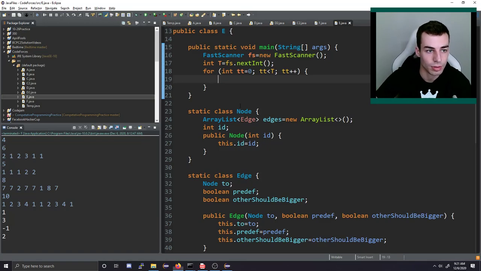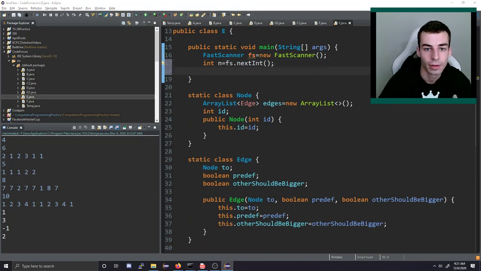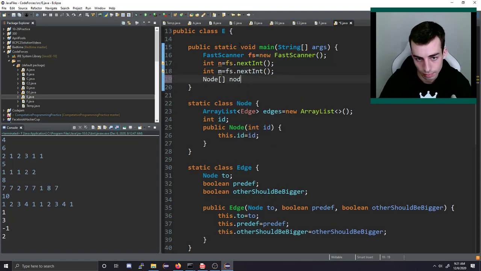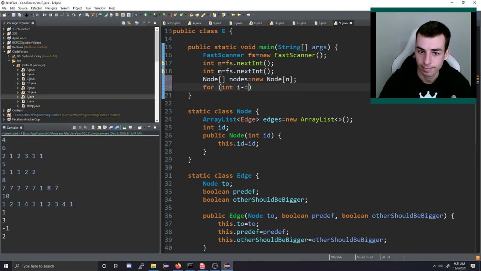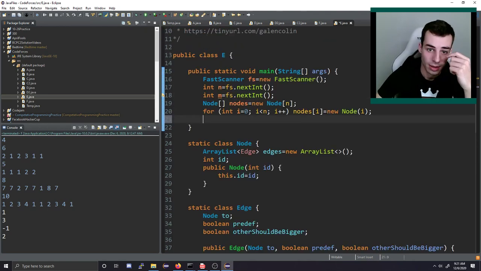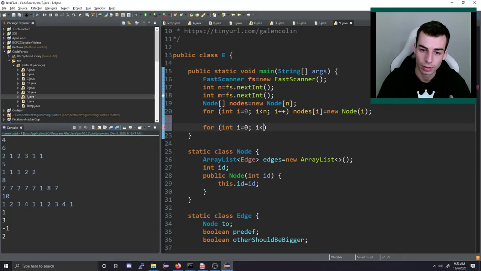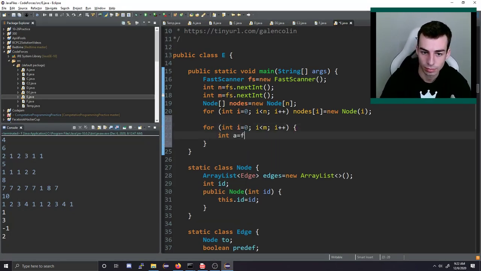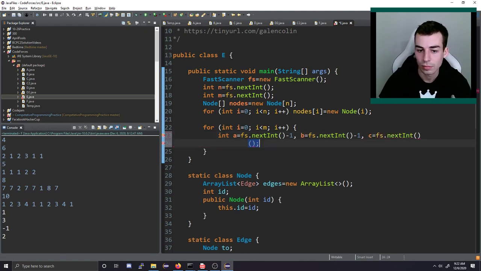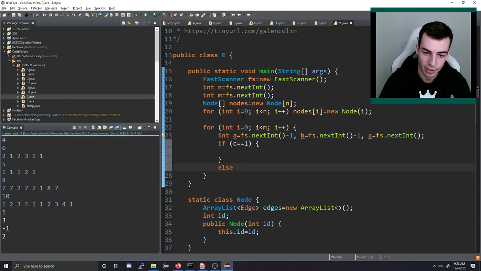Okay, is this multi-test case? No, it's not. Right, and then okay, so if C equals 1, otherwise we do something else.